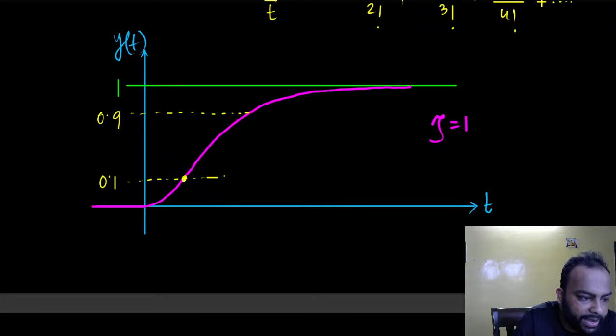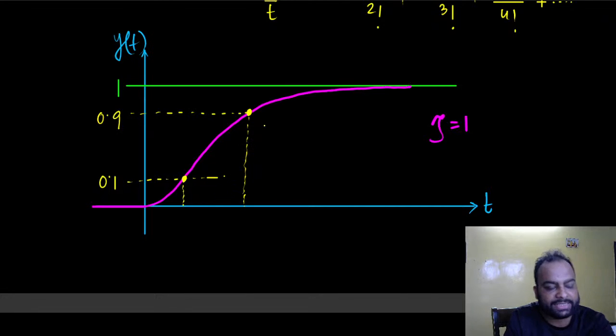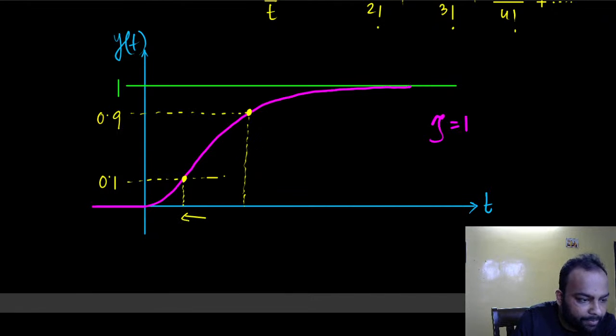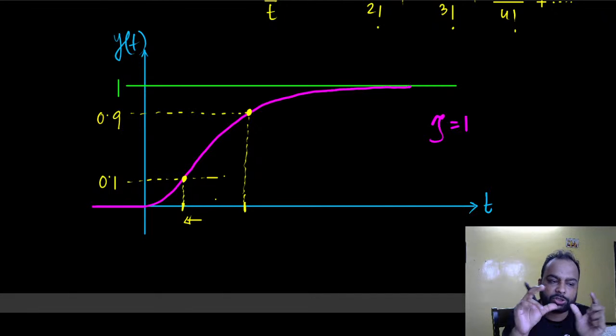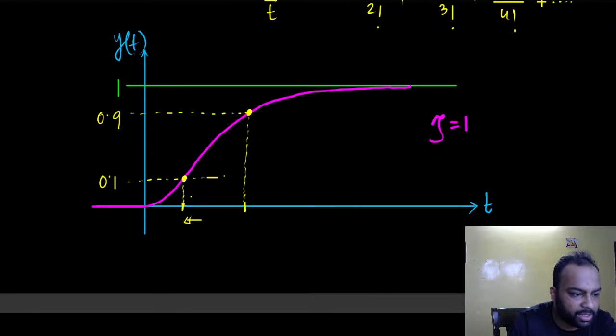This is the point in time where it reaches 10% of the final value, and this is the time at which the response reaches 90% of the final value. So this time gap is now empirically defined. The time it takes to reach from 10% of the final value of the response to 90% of the final value is now known as the rise time.